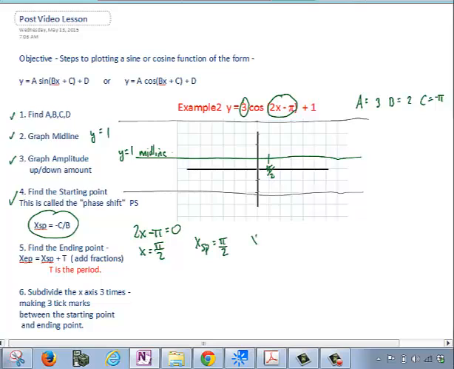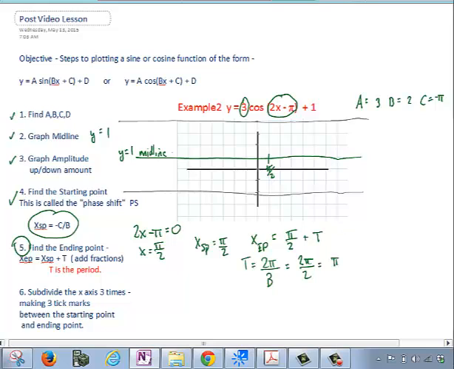Now I'm going to find my end point. That's the next step in the problem. The end point is equal to the starting point, which is pi over 2, plus my period. Period is equal to 2 pi divided by the b value. It's always equal to 2 pi divided by the b value. In this case, the frequency is 2, so my period is just pi.